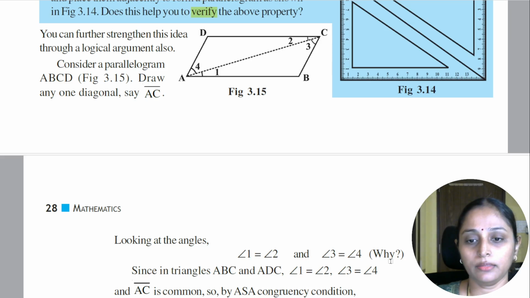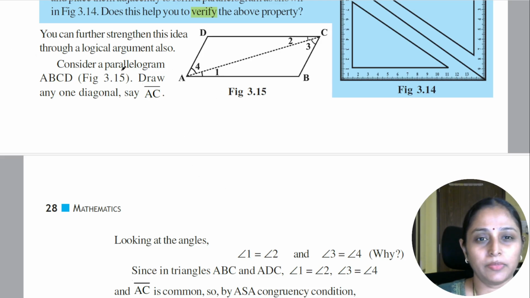So we are naming the angles here. As you can see, we have named the angles 1, 2, 3 and 4, right? Now, if you look at triangle ABC and ADC, what can you say about the angles? You know that AB is parallel to DC, okay?